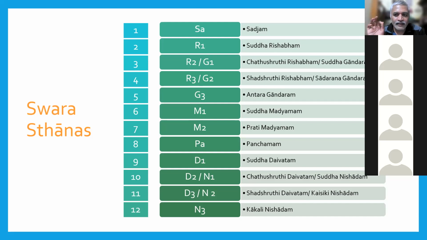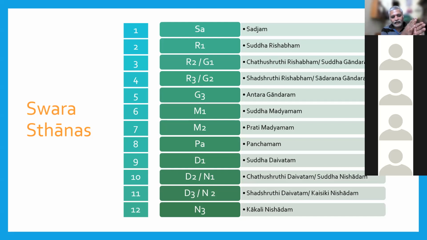Now Re 2 is called Chatushruti Rishabham, that means 4 Shrutis. And Re 3, the fourth note, is called Shat Shruti Rishabham, 6 Shrutis Rishabham. So what it means is, between Sajjam and Shat Shruti Rishabham, there are 6 levels.